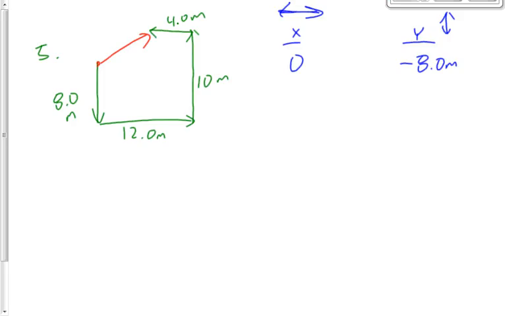How much of that 12 is x component? 12? Yeah, good. How much of it's y component? Zach? 0, good. 10 meters. Notice how much of that 10 meters is x? 0. Good. How much of it's y? Notice how much of it's y? 10. Good.